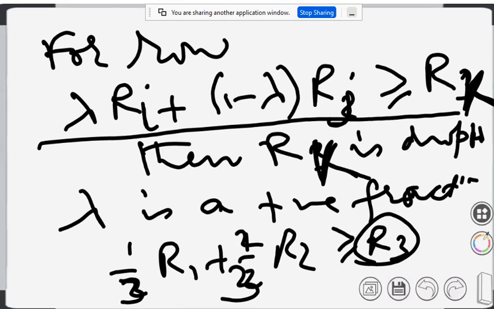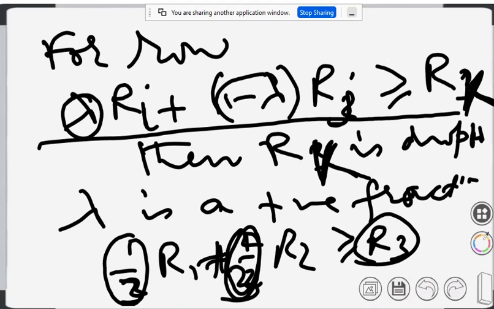What is a convex combination? These are two fractions such that their sum is equal to 1. That is what is meant by lambda being a positive fraction. That's why we write lambda Ri plus 1 minus lambda Rj.